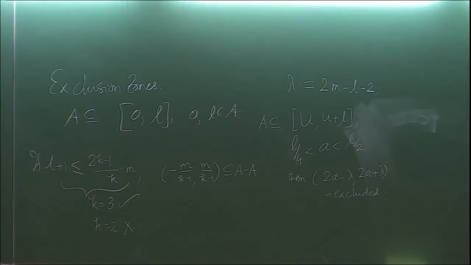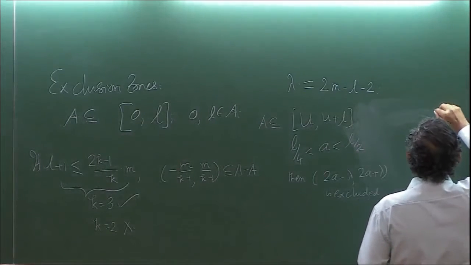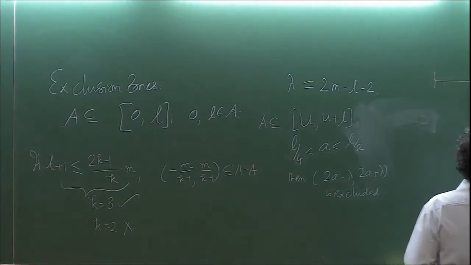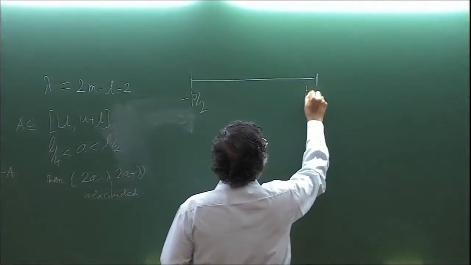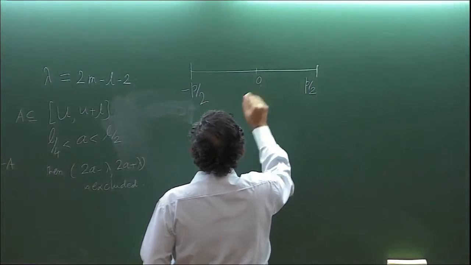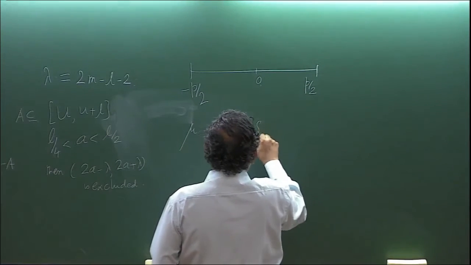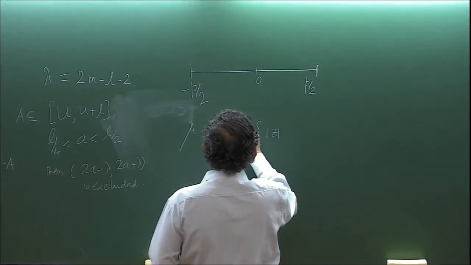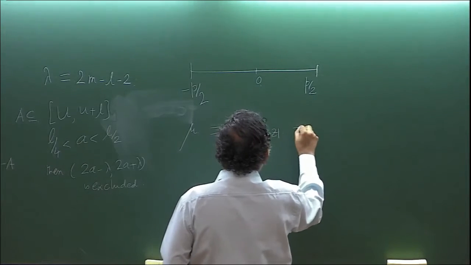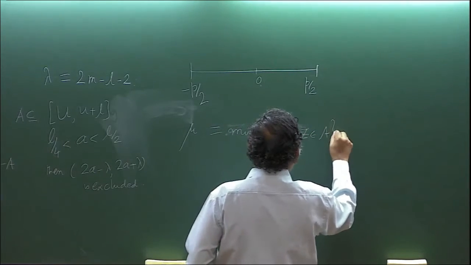Now you see, from this particular information, and we have also defined, taking a different model, at different times I will take a different model, taking this different model, we defined mu to be the minimum of mod z with z belonging to A. That is a minimal element of z.